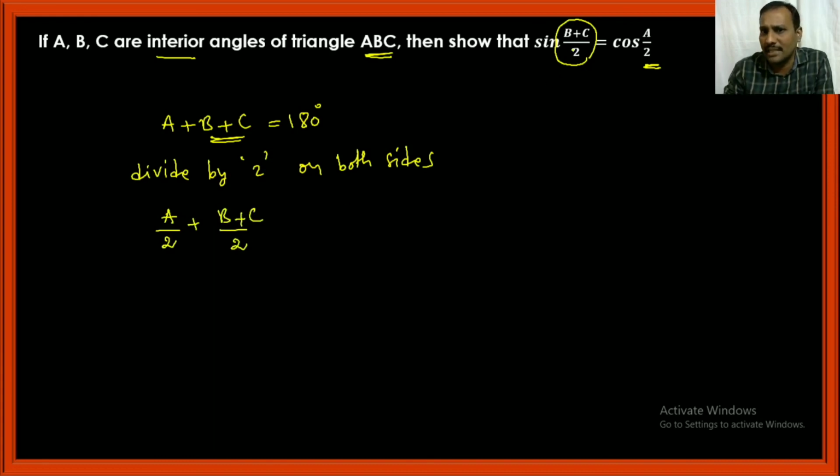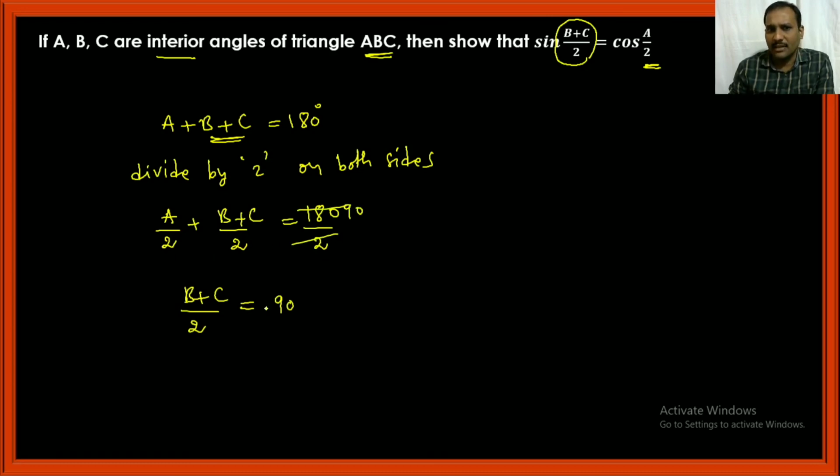I want B plus C together, that's why I am writing like this. Is equal to 180 by 2. Now, I can write B plus C by 2 is equal to 180 by 2, which is 90. 2 ones are 2, 90. 90 minus, I am transposing this A by 2 to the other side, A by 2.